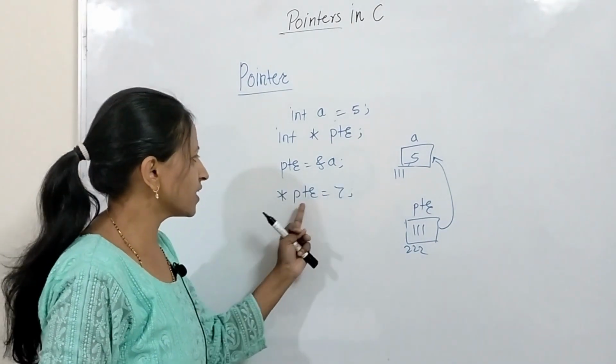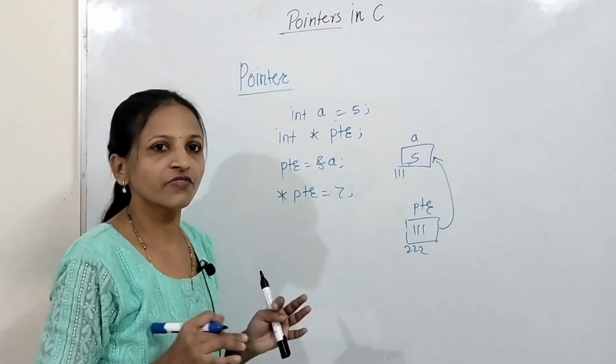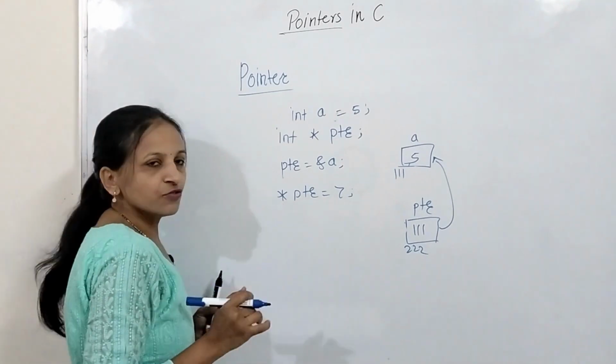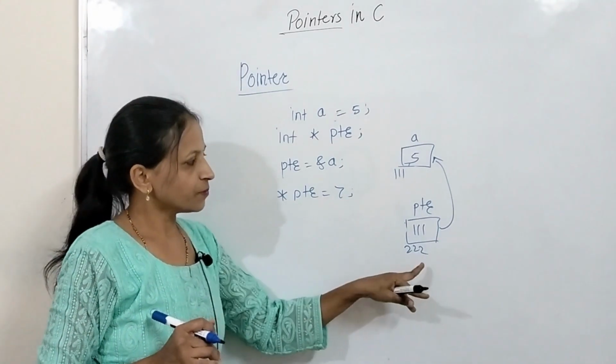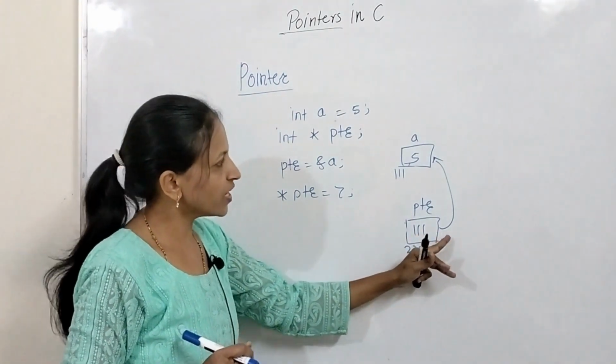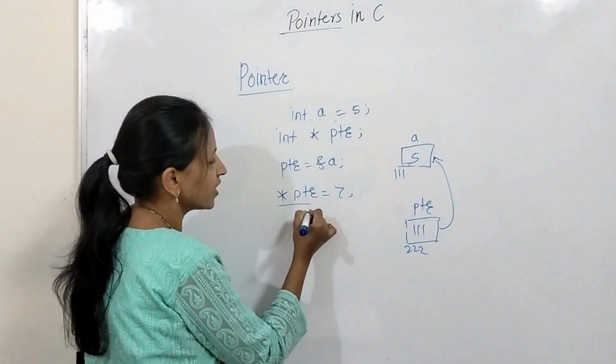Suppose I write like this: star ptr equals 7. Then what will happen here? Star ptr means value at address ptr. What is ptr? ptr is 111. Value at address ptr means this value, that is nothing but the value of a.